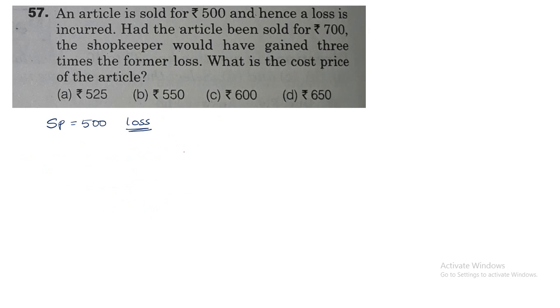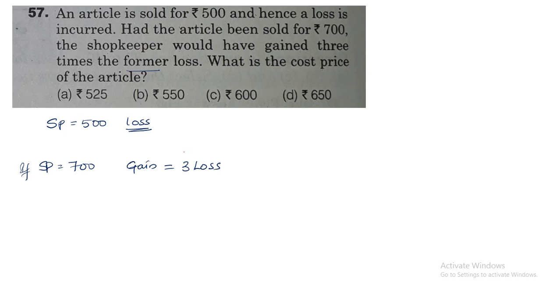Had the article been sold for 700, then the shopkeeper would have gained 3 times the former loss. That means if he sold it for 700, then the gain will be equal to 3 times the loss.